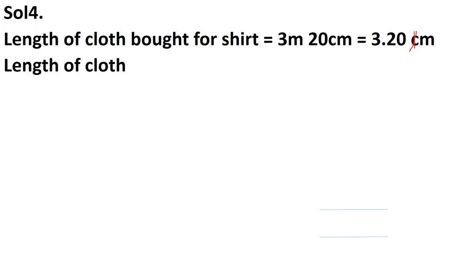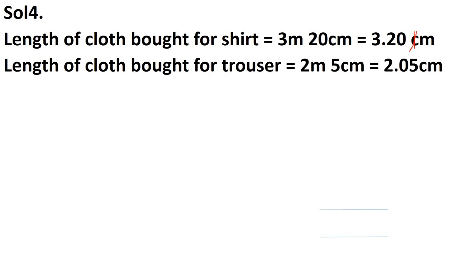Now length of cloth bought for trouser. It is 2 meter 5 centimeter, which is equal to 2 decimal 05 meter. Okay. Do you know how we converted 5 centimeter into meter? By dividing it by 100, because 100 centimeter equal to 1 meter.